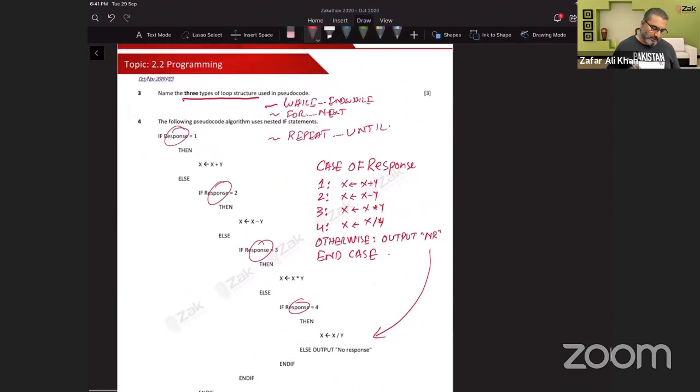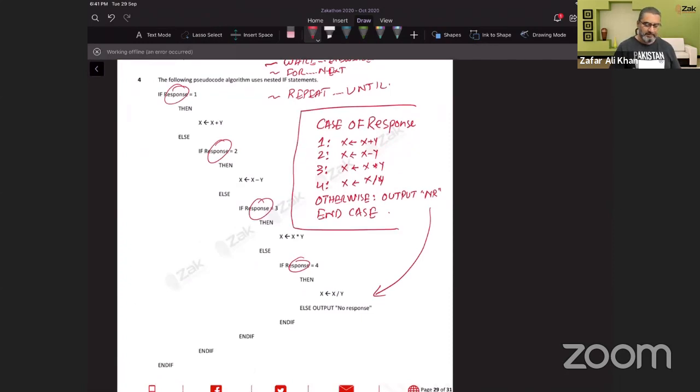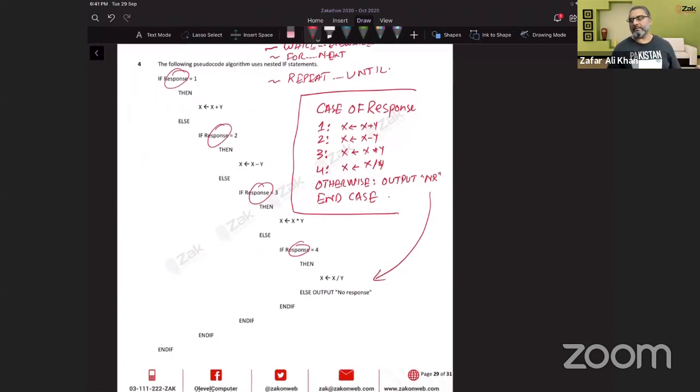So you see how many ifs and elses there are. So this case of response is rather a smaller selection method when there are multiple outputs expected against one single variable. In this case, it is response.